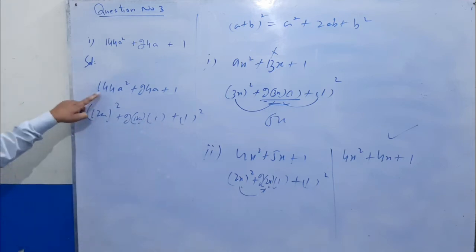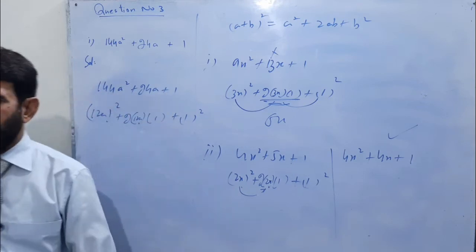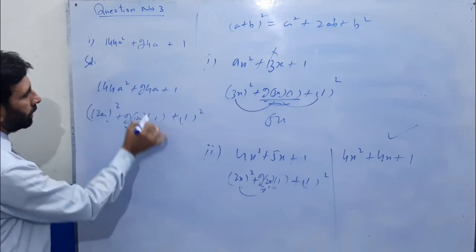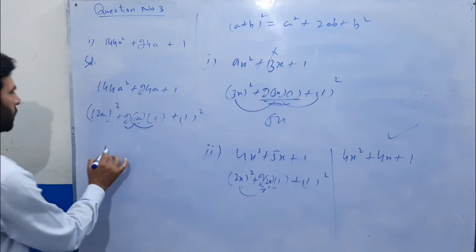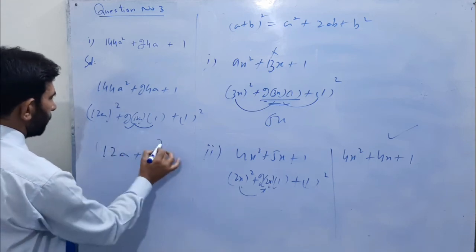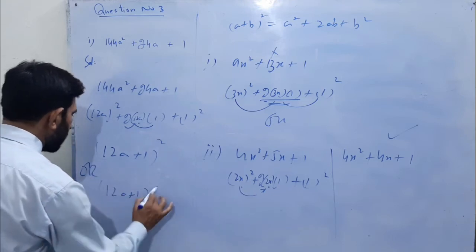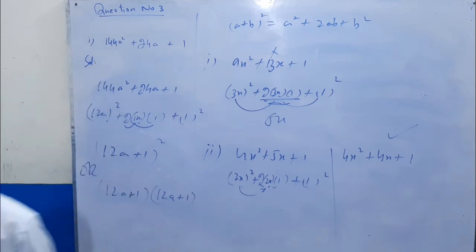Instead of 144a square, we can write 12a whole square, and instead of 1, 1 whole square, and the middle term is being made like 2 times 12 times 1, it becomes 24a. So the first identity can be used. Simply write 12a plus 1 whole square. You can also write it as 12a plus 1 times 12a plus 1. It's the factorized form of 12a plus 1 whole square.